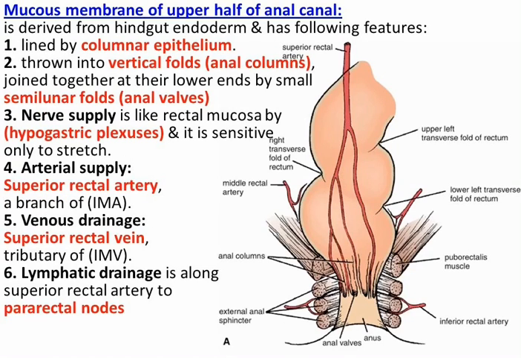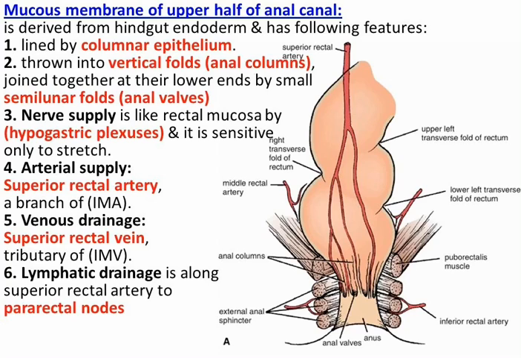Structure of anal canal. The mucous membrane of the upper half of the anal canal is derived from hindgut endoderm and has the following features. 1. Lined by columnar epithelium. 2. Thrown into vertical folds, anal columns, joined together at their lower ends by small semilunar folds, anal valves. 3.